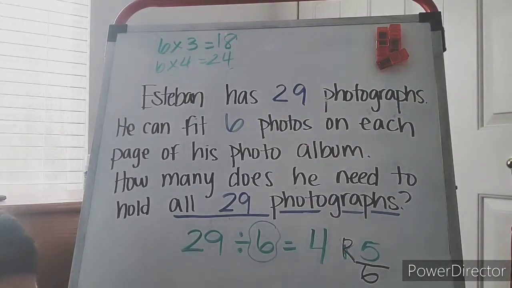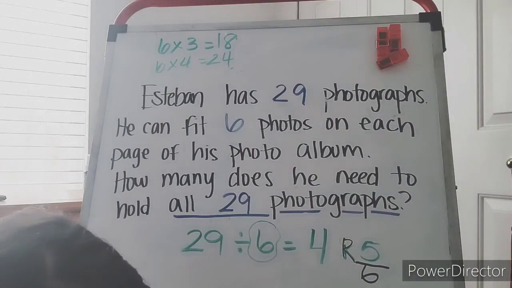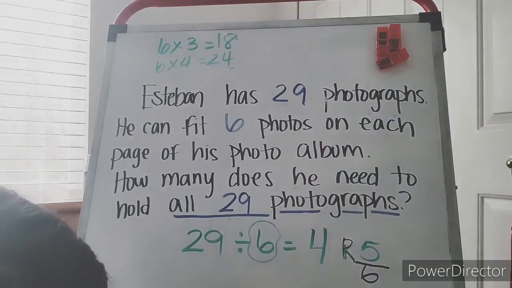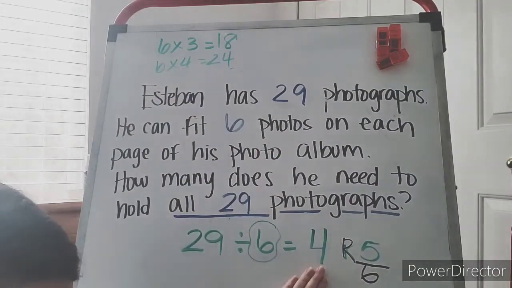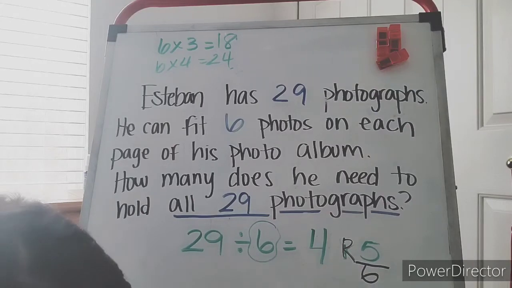So in a situation like this, where we can't really divide 4 and 5/6 because it's a photo album, we need to round up, which is our third way of dealing with remainders. 4 pages hold only 24 photos because 6 times 4 equals 24. It's not enough.